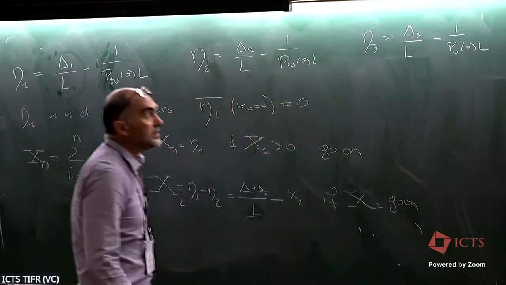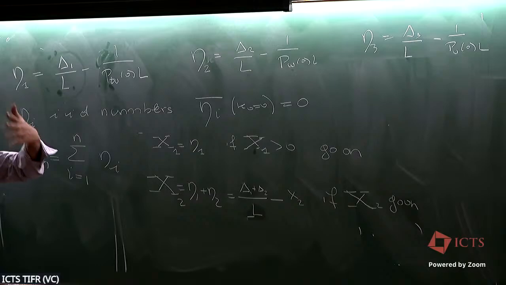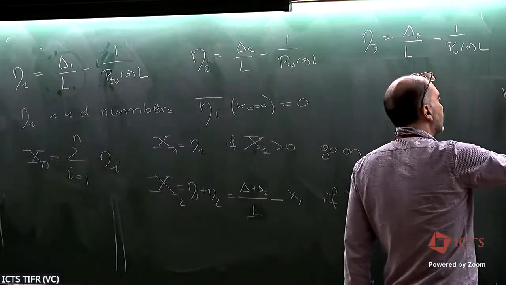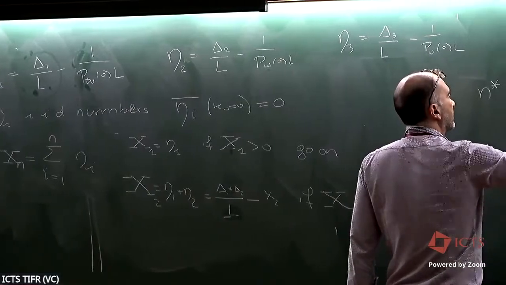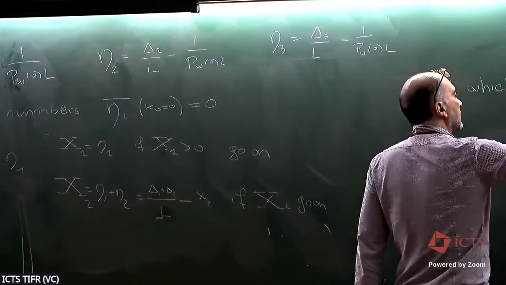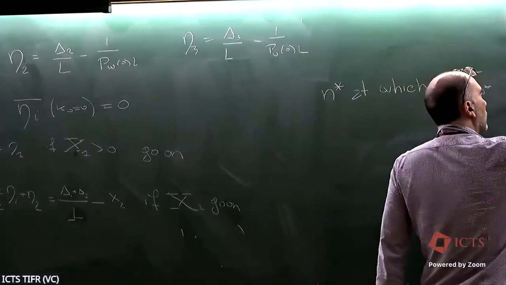So you stop when this random walk becomes equal to 0 or negative. So you stop when, for the first time, you hit the origin. So there is a certain value n star at which x_n star becomes negative for the first time.